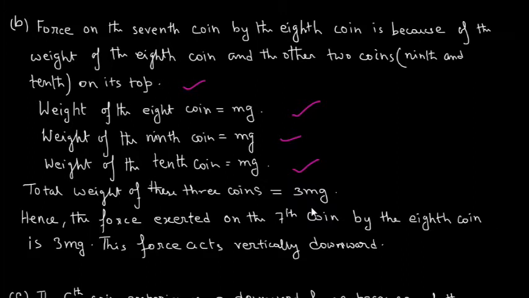The total weight of these three coins is equal to 3 mg. Hence, the force exerted on the seventh coin by the eighth coin is 3 mg. This force acts vertically downward.